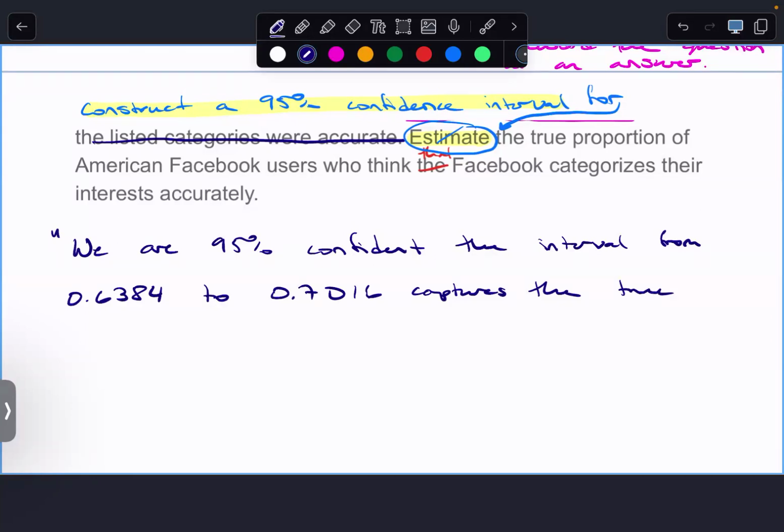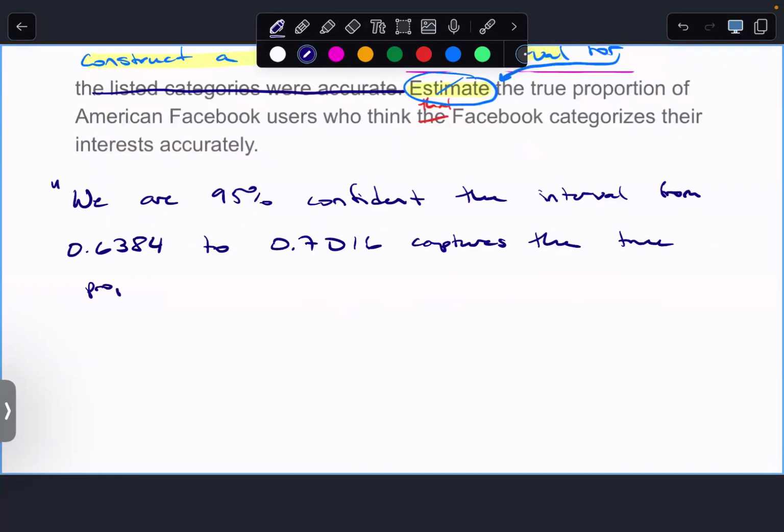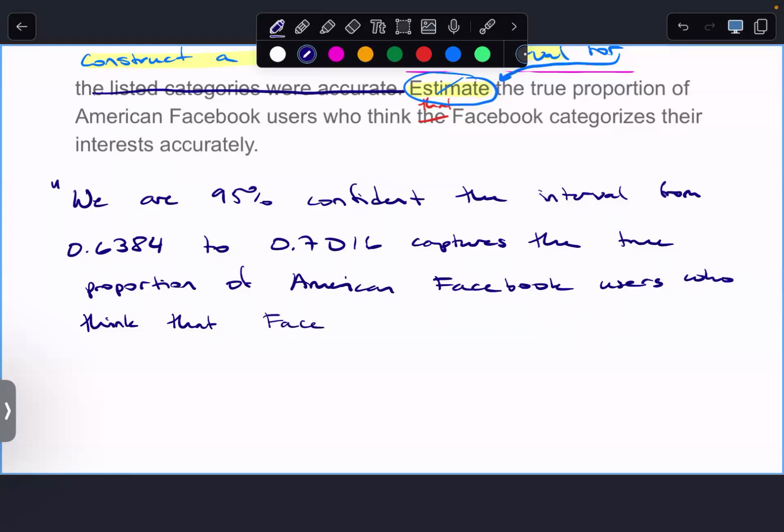Now I'm just copying this out. The true proportion of American Facebook users who think that Facebook categorizes their interests accurately.